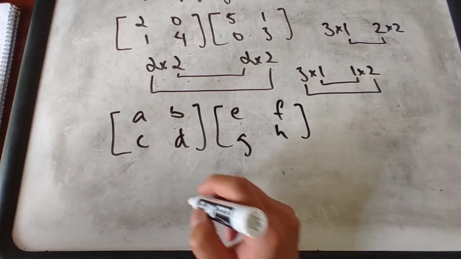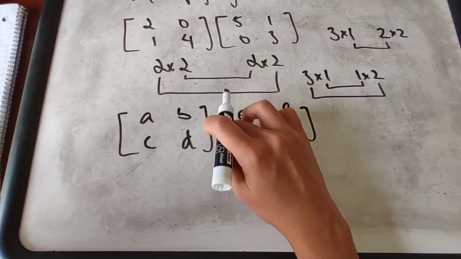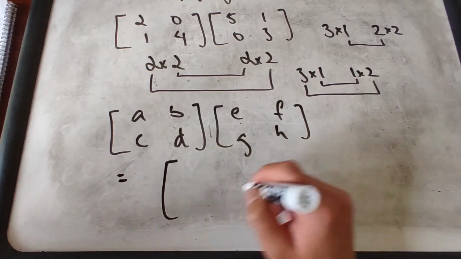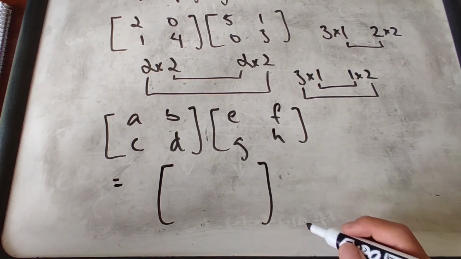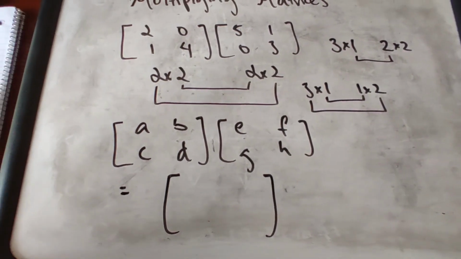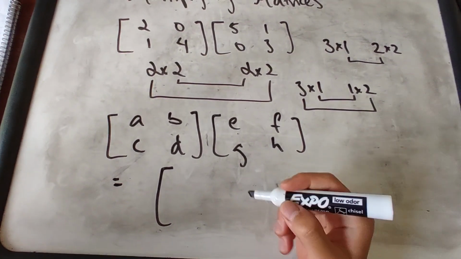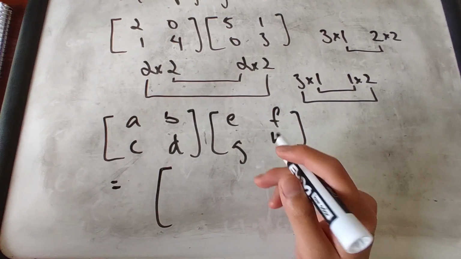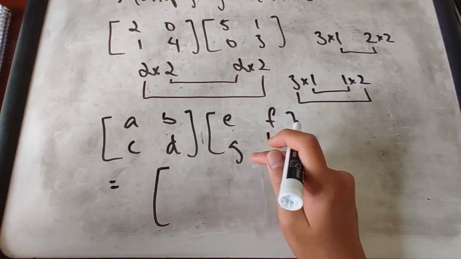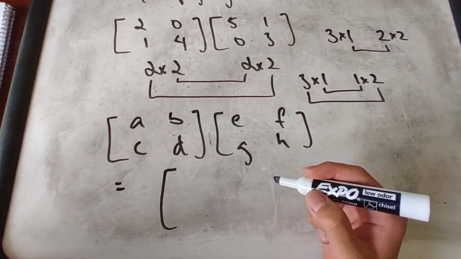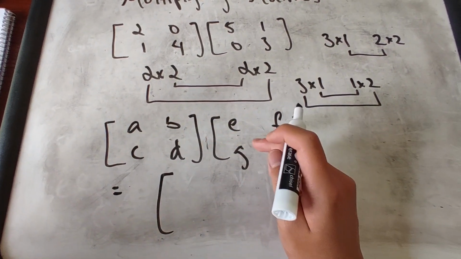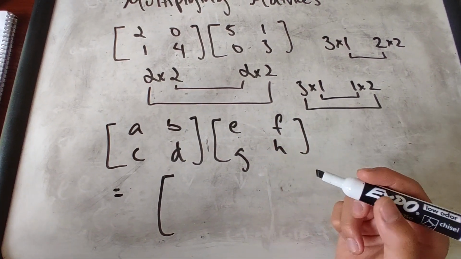When you multiply these together, that'll equal a 2 by 2 matrix. Instead of just multiplying a times e for the first one and b times f for the second one, what you do here is you multiply the rows by the columns and you take the sum of that.